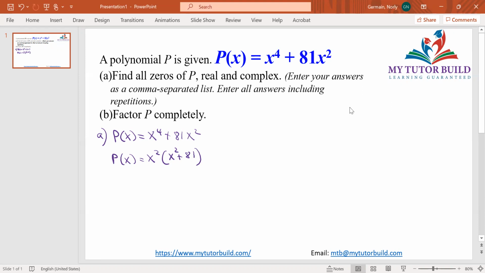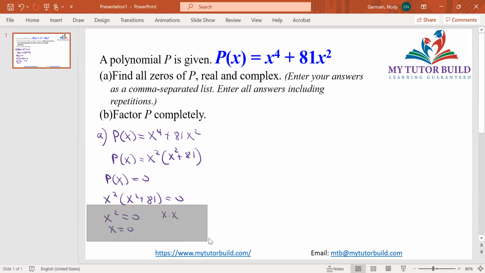First of all, if we set the polynomial p of x equal to 0, we're going to have x squared times x squared plus 81 equal to 0. That gives us x squared equal to 0, so x would be 0. For us here, it's like we have x times x. Let me show you something to make sure we have all the zeros we need.